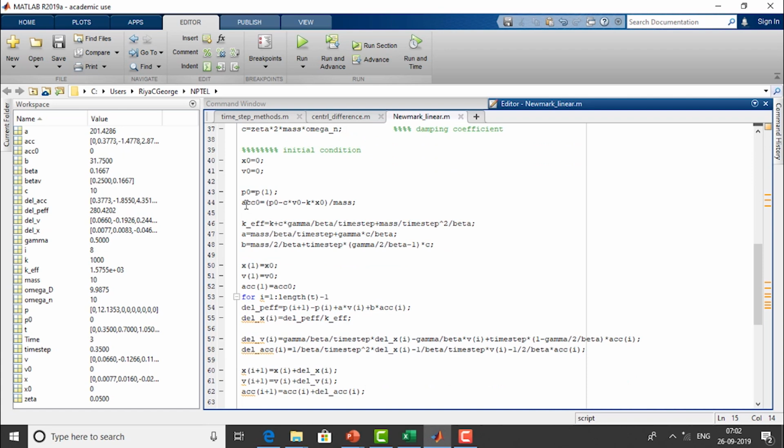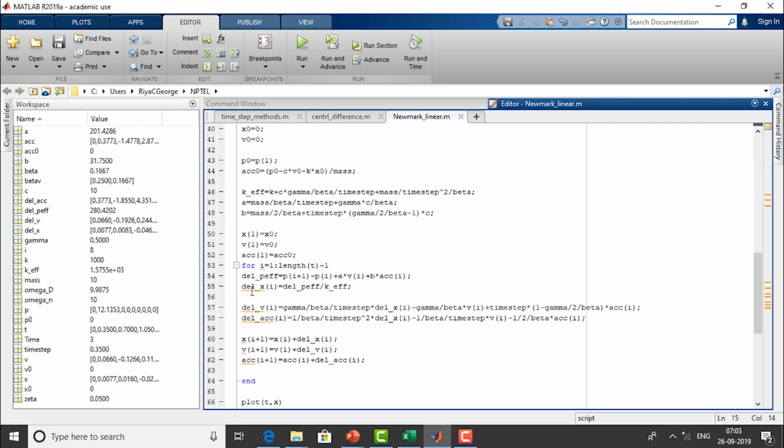Now we can calculate the initial acceleration and the effective stiffness, that is K effective, and the coefficients A and B. Using coefficients A and B, at each time instant, we can calculate the force increment, for which I have given the variable delP effective.